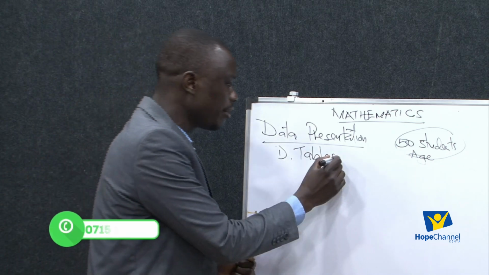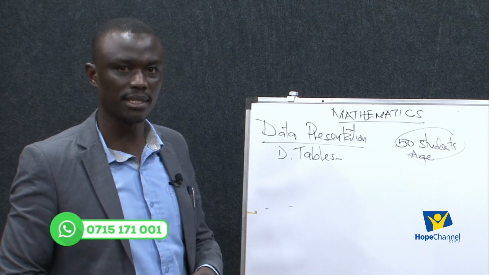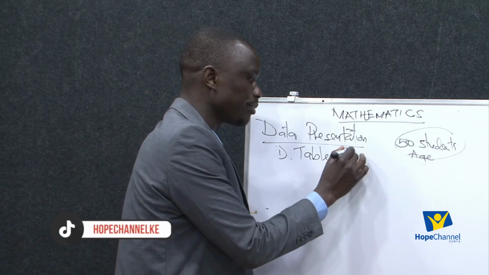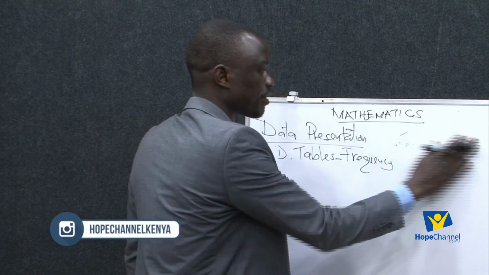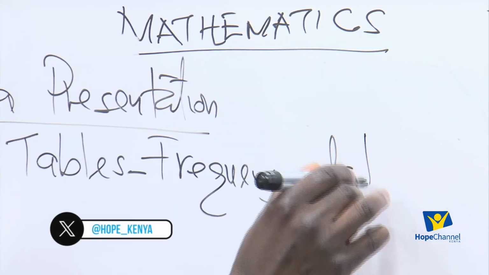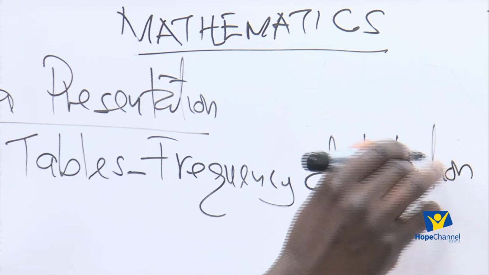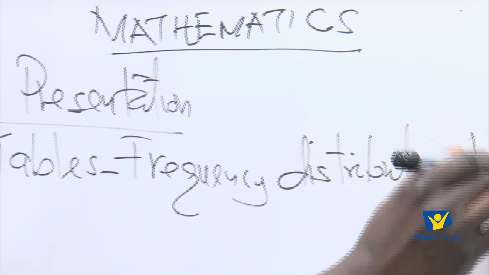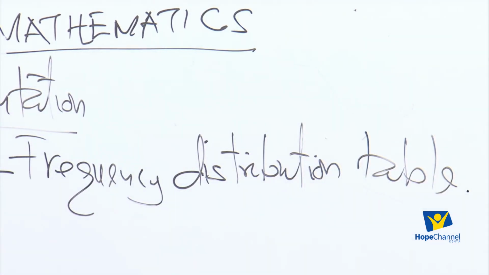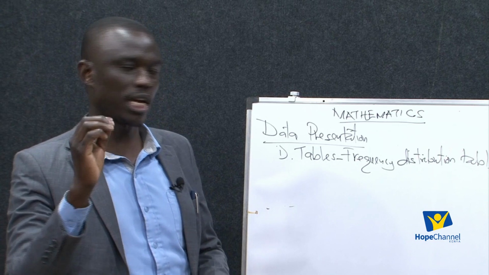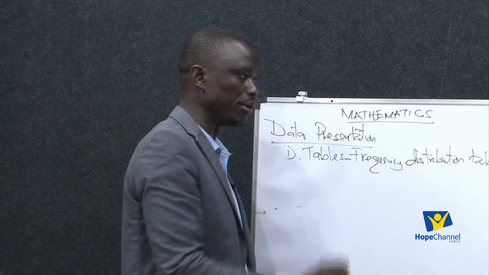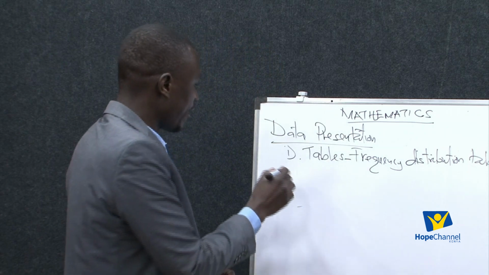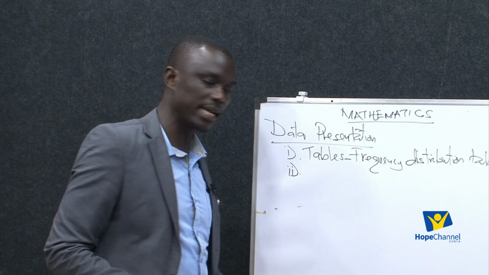The commonly used table in statistics is known as a frequency distribution table. So we are going to discuss how we construct a frequency distribution table.